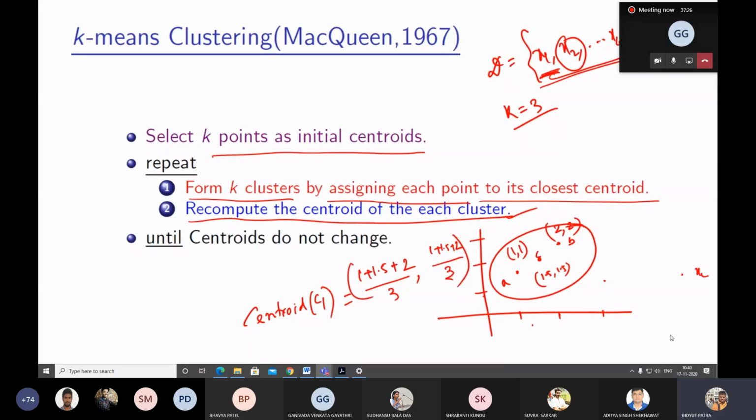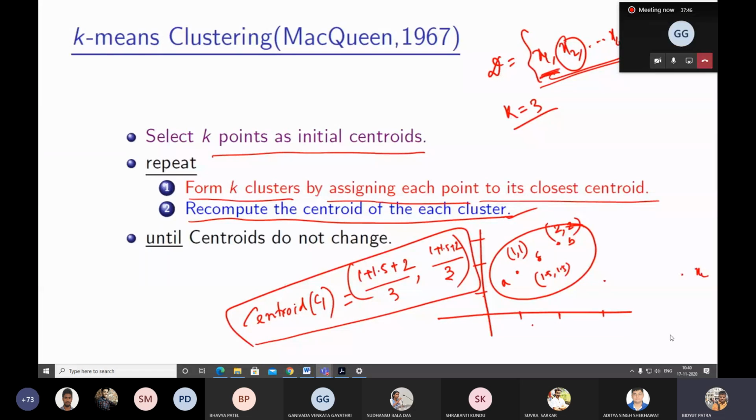This will be the centroid, because we are adding points and the output also will be a point, which is a vector. So each point is a vector here. This is the way you should compute the centroid.